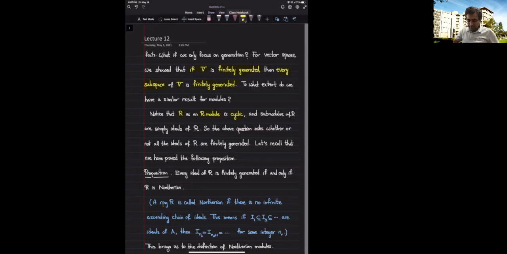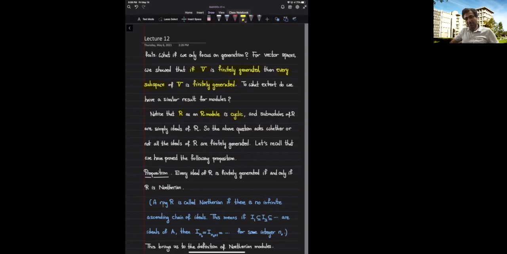So if I repeat the top question in the language of ideals, what I'm asking is the following. Is it true that every ideal of a ring R is finitely generated?